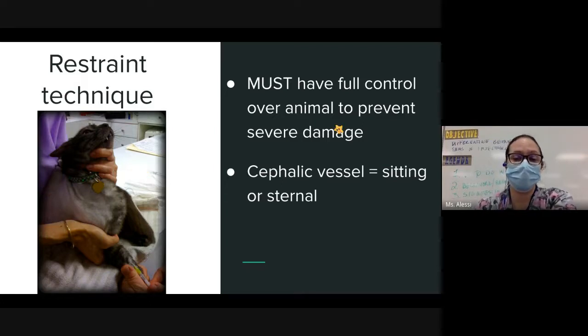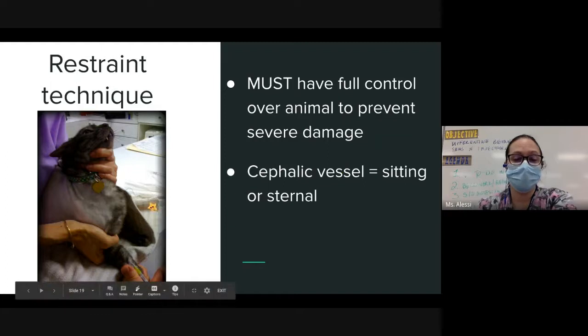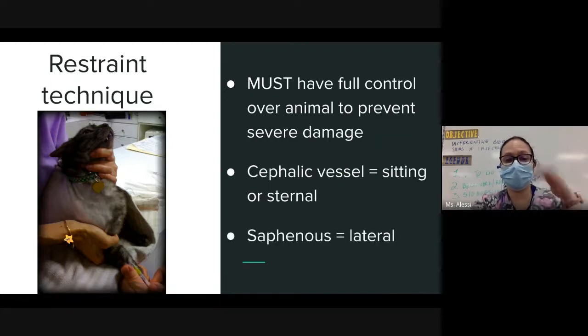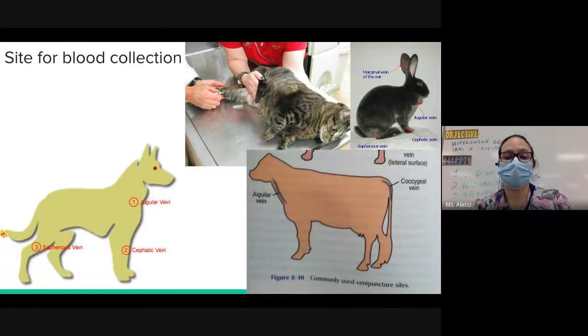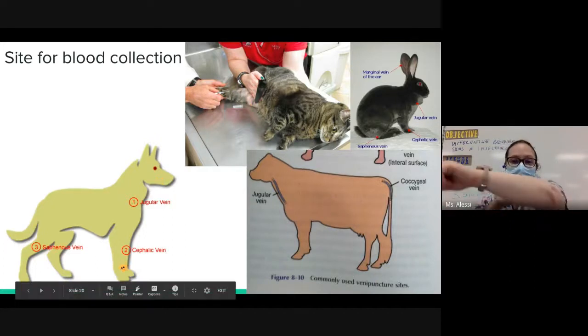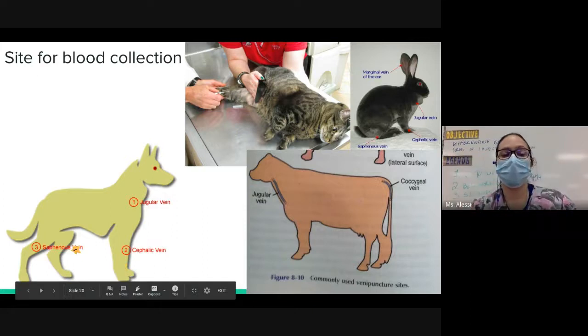So with the cephalic vessel, you're going to be in a sitting or sternal position. The saphenous is going to be lateral, because the lateral saphenous is the outside leg of the animal. And this is the medial saphenous or femoral, right, which you're also going to do in lateral, okay? So your jug is in your neck, your cephalic is in the arm, and for the saphenous, you have lateral saphenous, which is on the outside, and medial saphenous, which is on the inside.